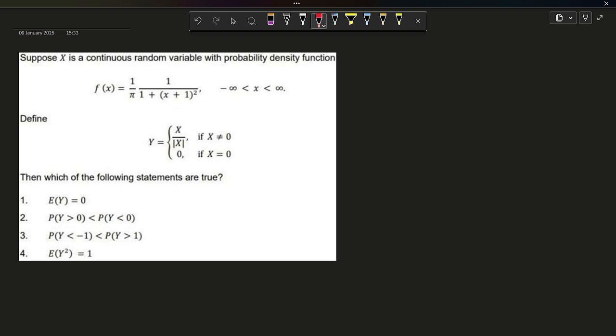So now we are given a random variable x with the probability density function and a derived variable y. Let's analyze each statement step by step.